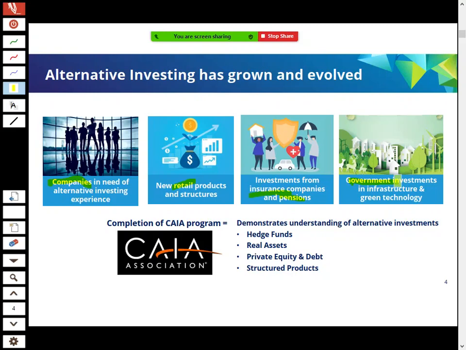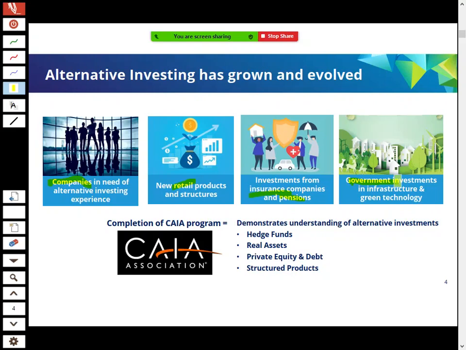In particular, private banking has been a major driving force in delivering these AI products to their clients, so we have various private bankers joining our course to take the CAIA exam.